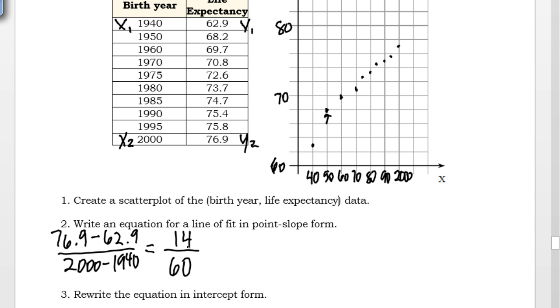So that looks like 76.9 minus 62.9. 14 divided by 60 is 0.23.